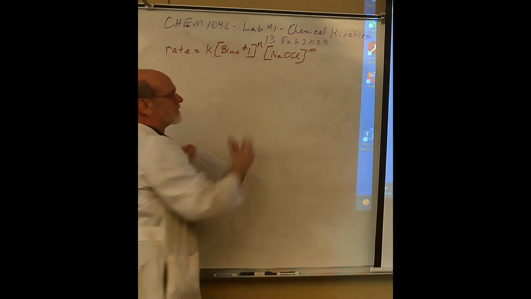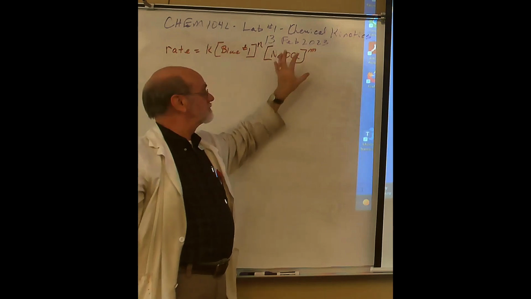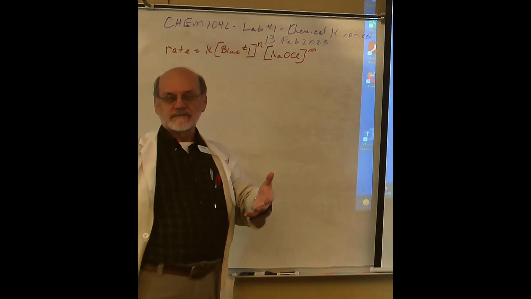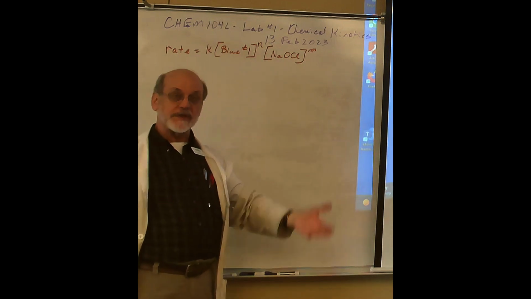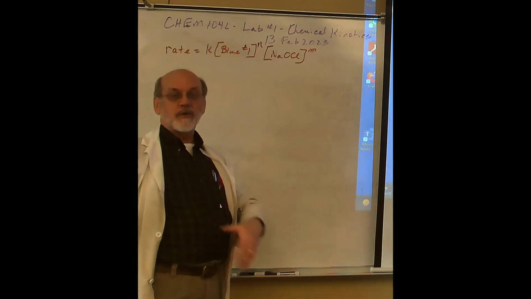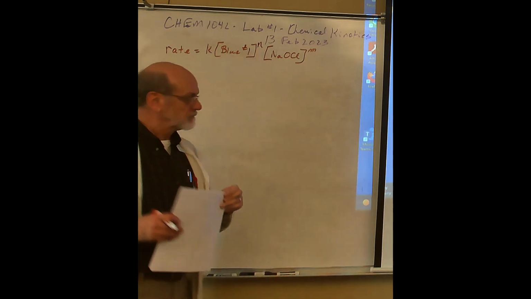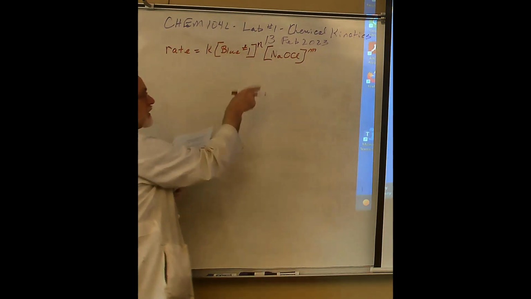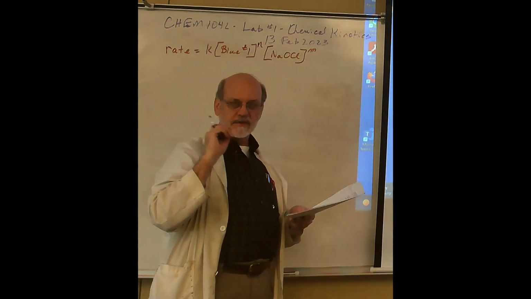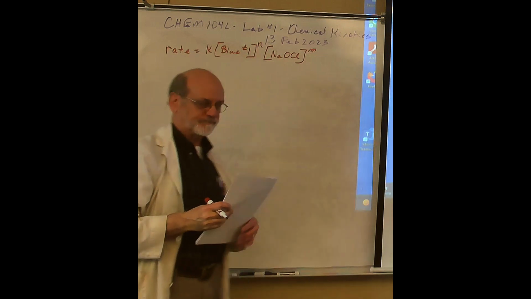This one's fairly straightforward, because we just calculated the molarity of 6% sodium hypochlorite. When you dilute it, you just incorporate that dilution factor and that takes it down to whatever value it is. That'll be two different values because we're going to do the experiment twice, once for the high concentration, once for the half concentration.